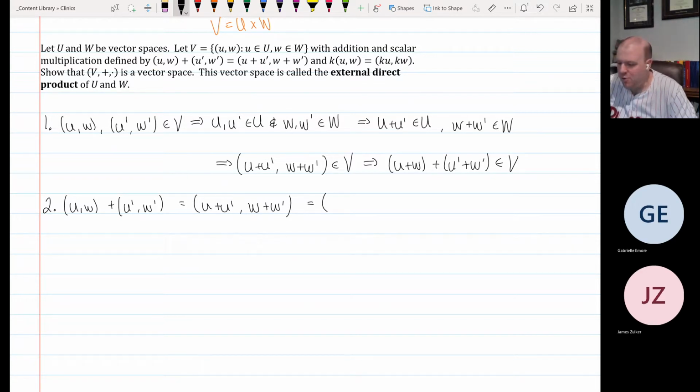So addition in U is commutative. So we can write this as u prime plus u. Okay. And then again, W is a vector space, so addition is commutative in W, right? So w plus w prime is the same as w prime plus w.